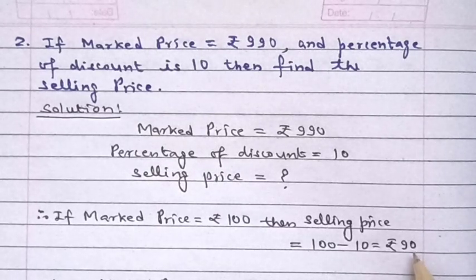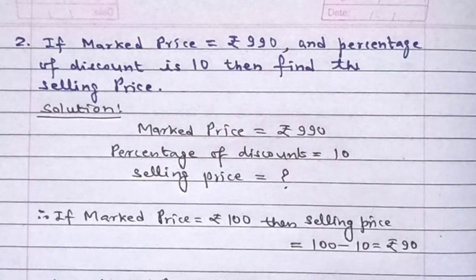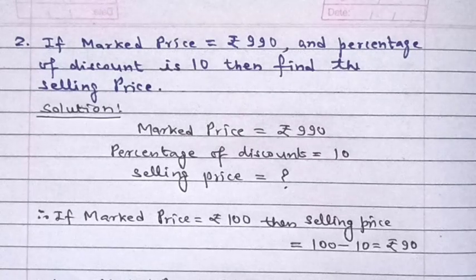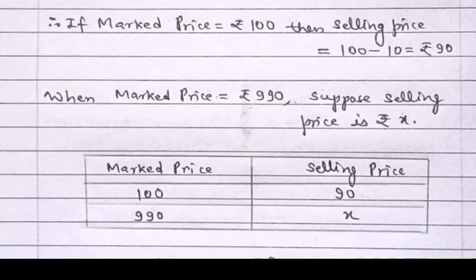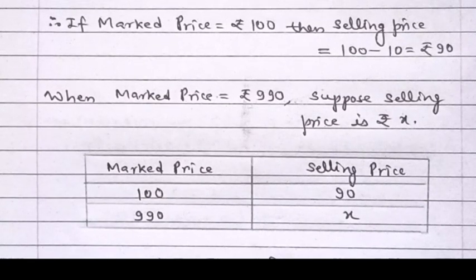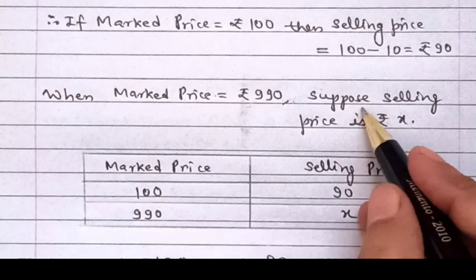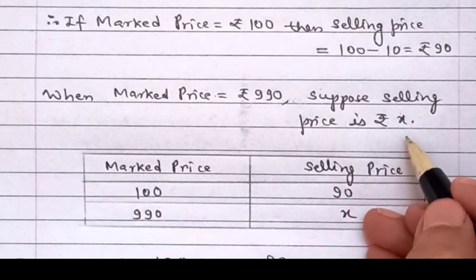The question is, what will be your selling price if mark price is rupees 990? So assume, when mark price is rupees 990, suppose selling price is rupees X, because you don't know.